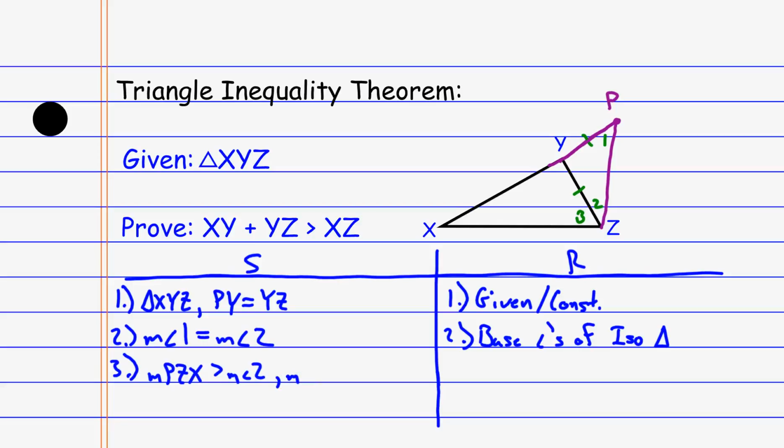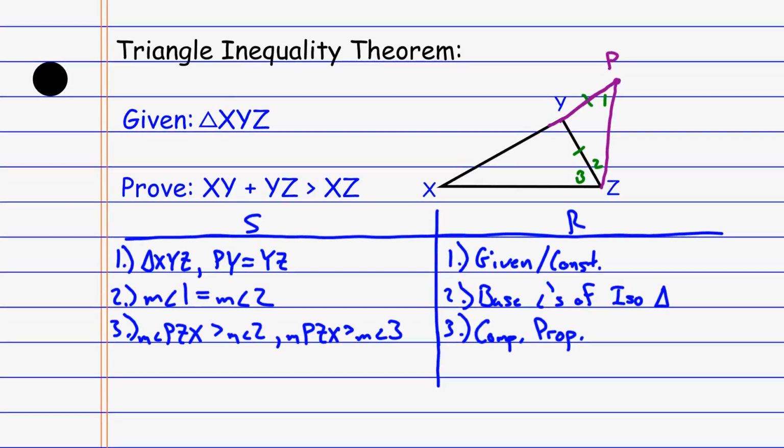I missed my angle symbol over here. So I can say the measure of PZX is greater than the measure of angle 3. And that's because of my comparison property. When I think about angle addition here, I know that those two added together equals the whole thing, so the whole thing must be greater than each of those pieces. So that's my comparison property.